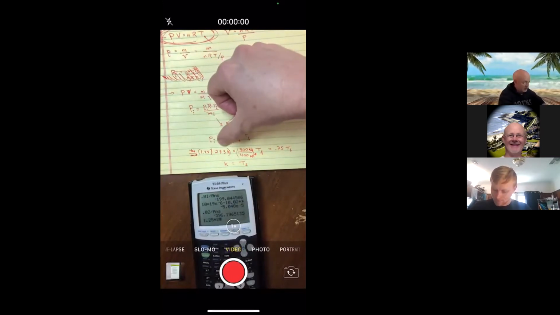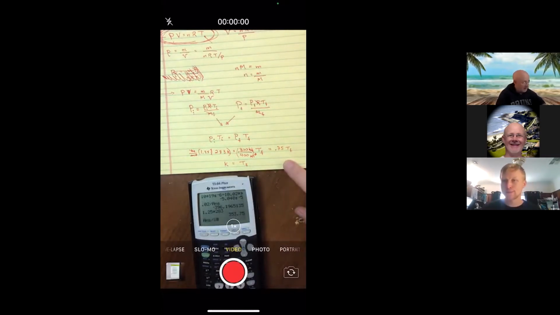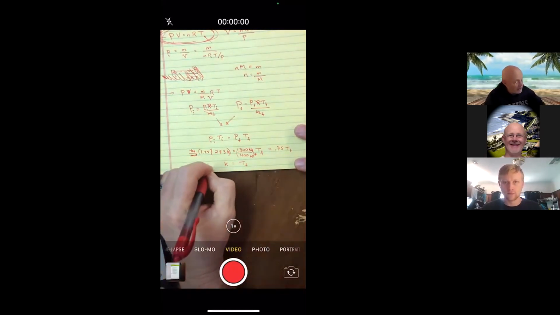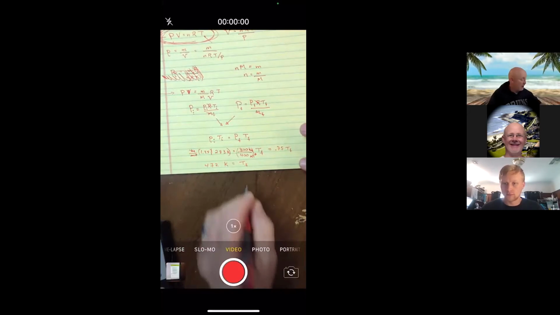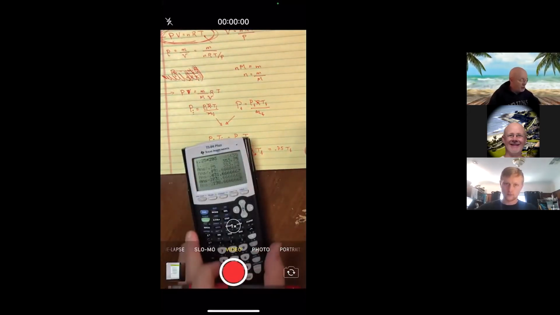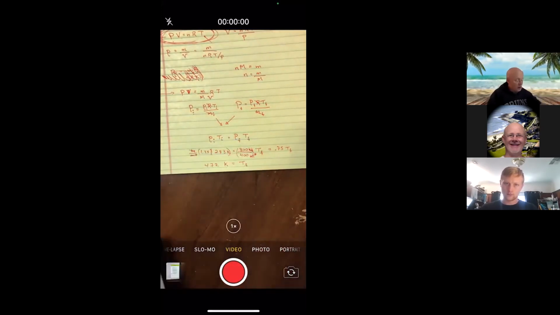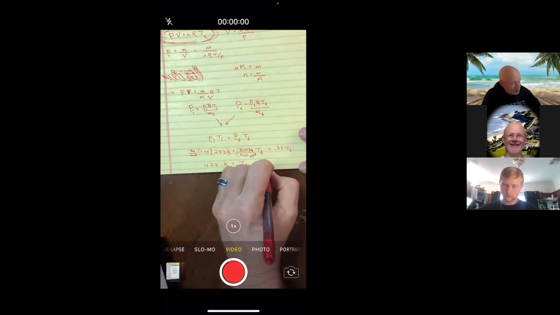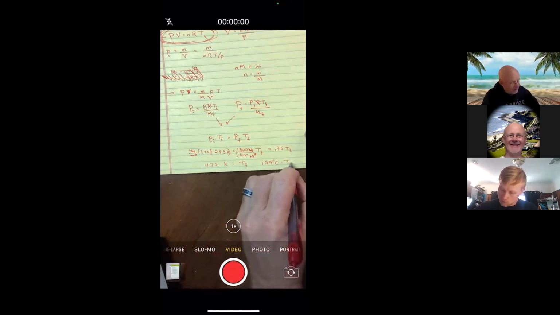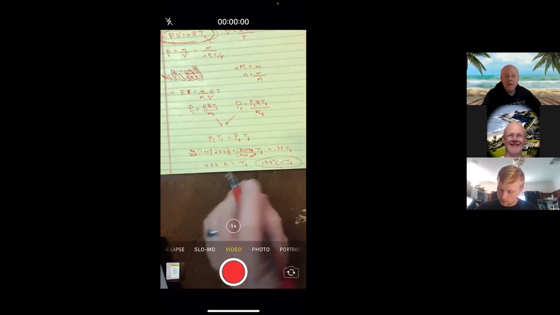Now I can grab this calculator here: 1.25 times 283, then divide it by the 0.75, and get about 472 Kelvin. If I subtract 273, we're looking at about 199 degrees Celsius for the final temperature.